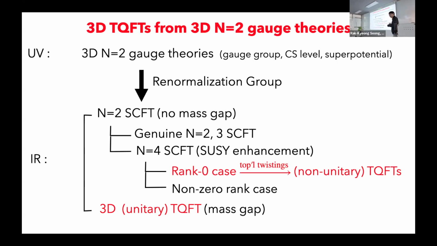So if you just do topological twisting, the resulting theory is some kind of extended TQFT, not the TQFT in the sense of Reshetikhin-Turaev and Segal, which is a nice mathematical structure described by a unitary modular tensor category.